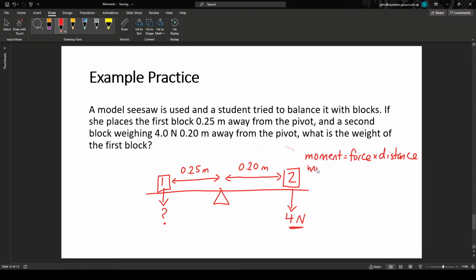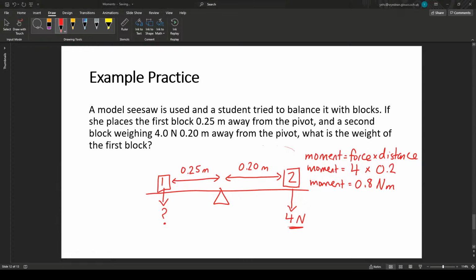So the moment of block number 2 is equal to 4 newtons times the distance, which is 0.2 meters. That would be 4 times 0.2 is 0.8 Newton meters. So the moment of block number 2 is 0.8 Newton meters.